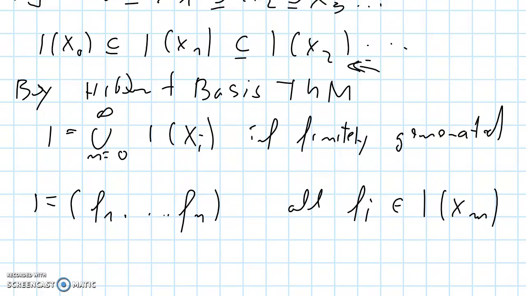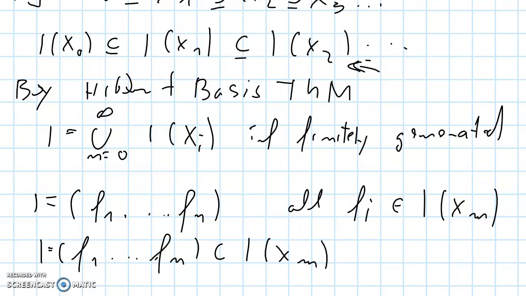Now what we have is I, which is the ideal generated by f1 to fn, is contained in I of Xm, but by this assumption here again, I of Xm is strictly contained in I, since we are talking about a strictly increasing sequence of ideals, and this is of course a contradiction.